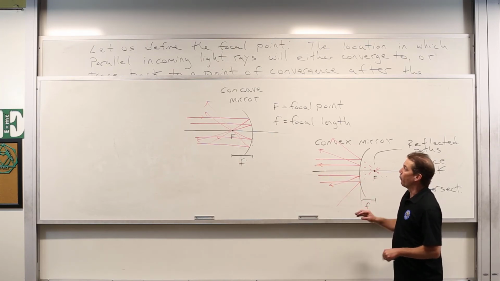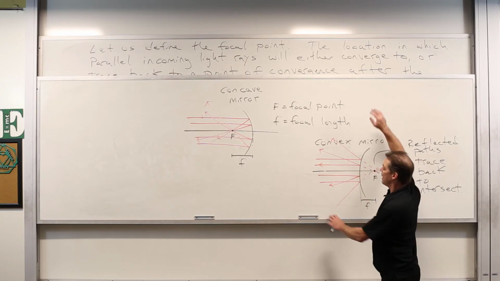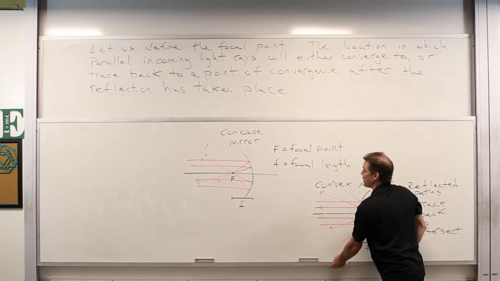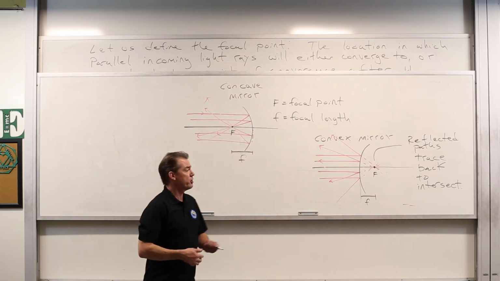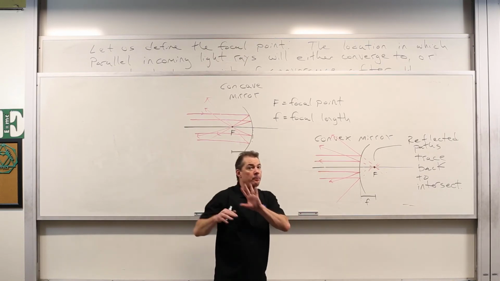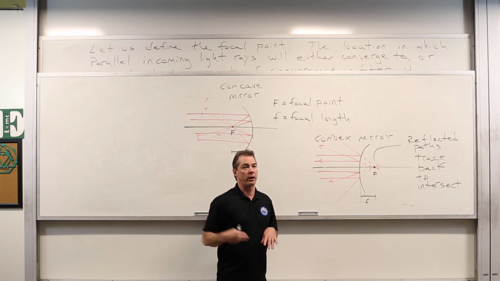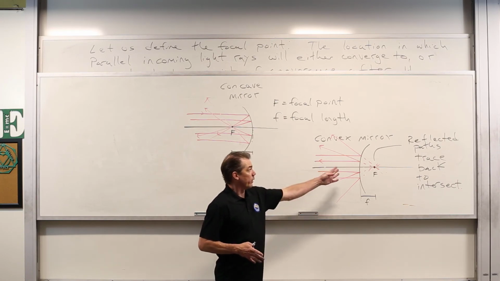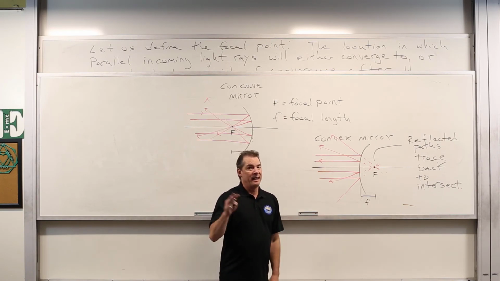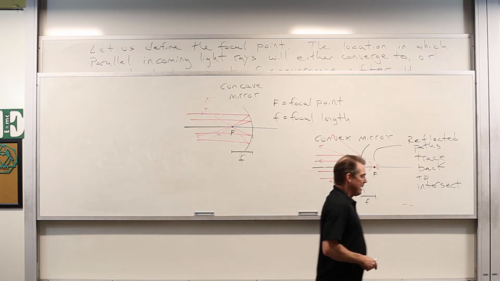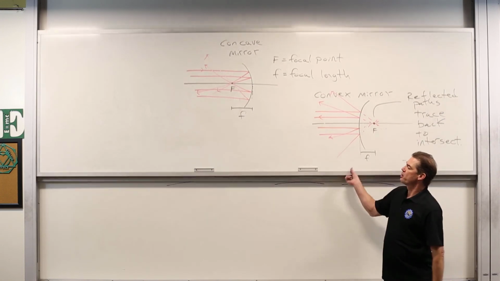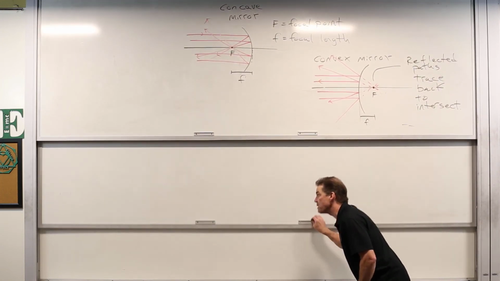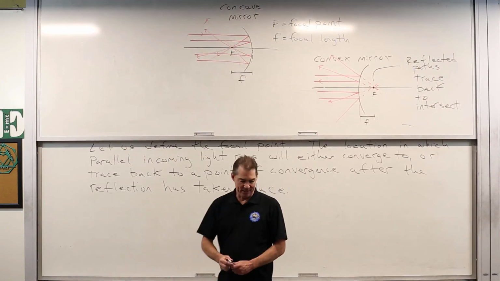It turns out that we could do the same thing that we did in getting those expressions for the object distance, image distance, radius of curvature relationship, and get the same results. 1 over p plus 1 over q is equal to 2 over r for the convex case. But in order for that to be true, we need a specific sign convention. So this is another important aspect of things, sign conventions.